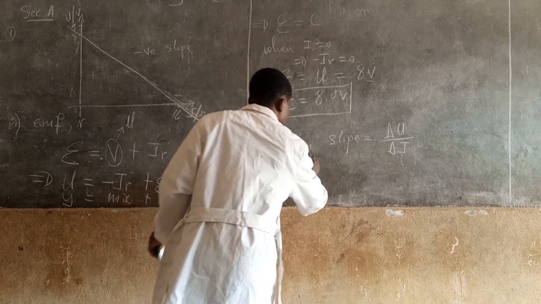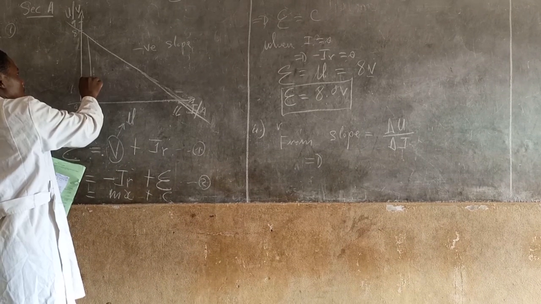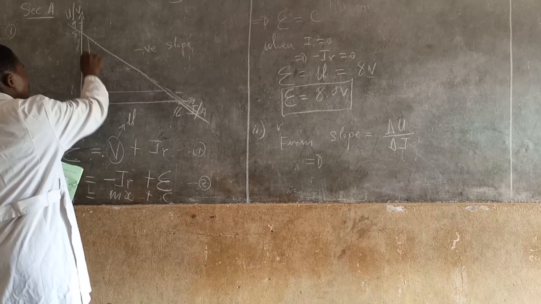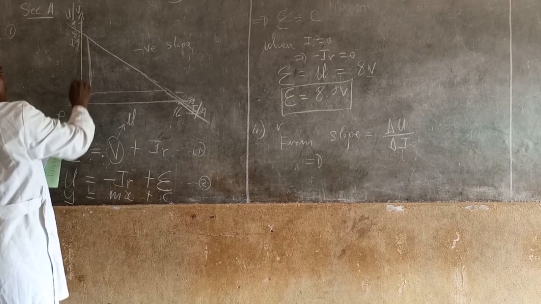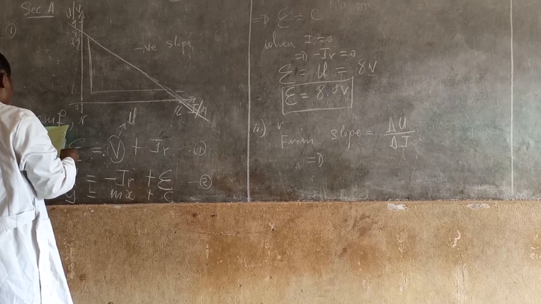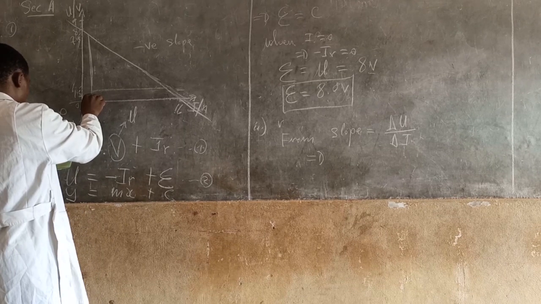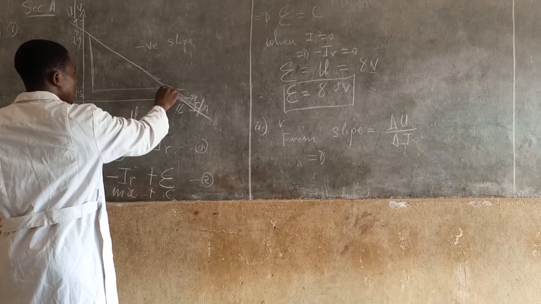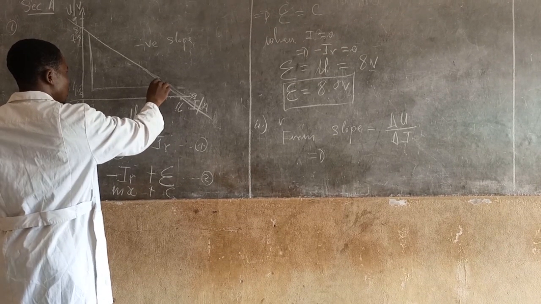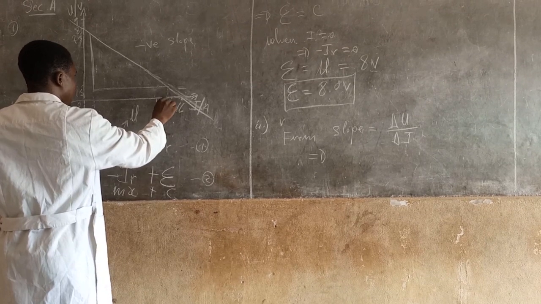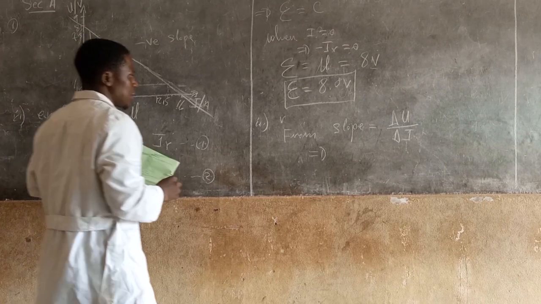If you draw a big triangle according to the graph, you will realize that here we have a value of 7.5, here 1.5, then here 2, and here 12.5. I think all our coordinates are gotten.